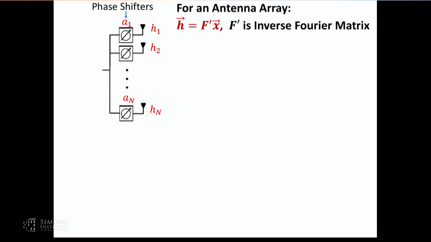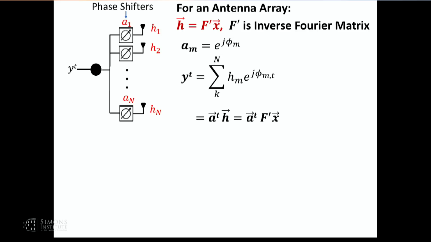So every phase shifter adds a phase, of the form e^(jφ). So what we're doing here, we're taking the signals, multiplying them with e^(jφ), and summing them. This is one measurement. So we can represent it as a vector A of the phase shifts multiplied by Fx. And if we take a lot of measurements, we get a matrix A that's mixing Fx.